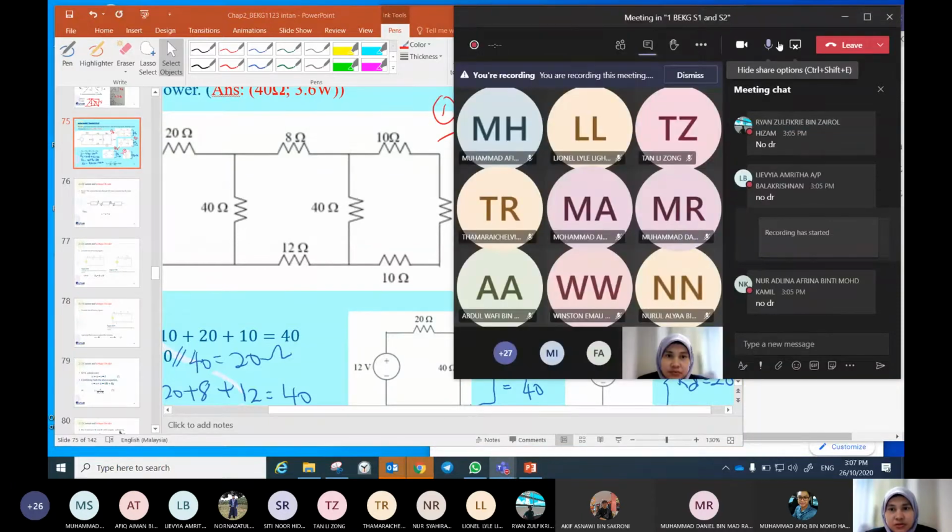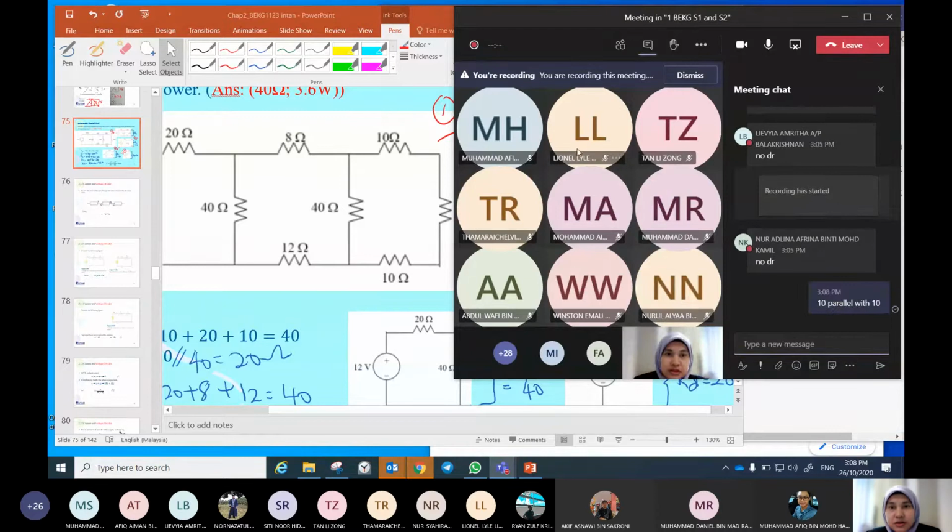If 10 parallel with 10, how much we get?